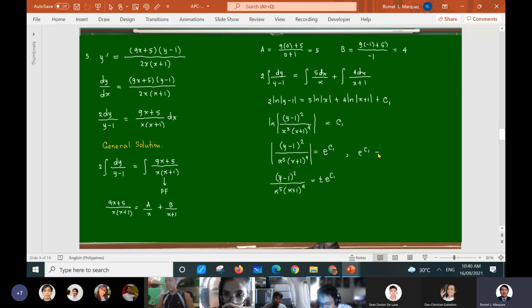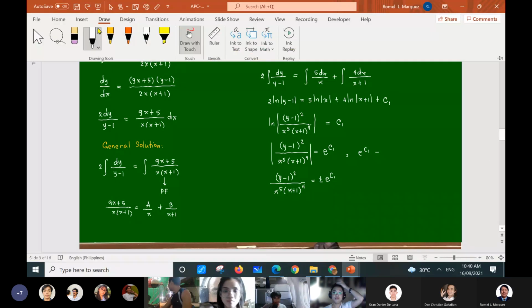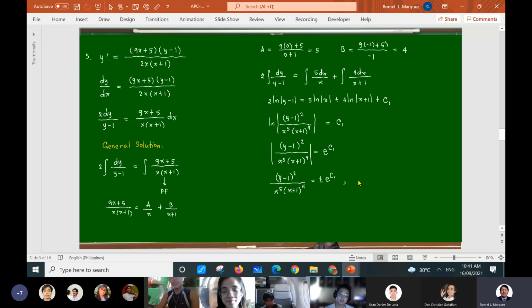But I can let plus or minus e to the C sub 1 be simply C. So we now get y minus 1 quantity squared is equal to C, this is just a constant, times x to the fifth, x plus 1 raised to 4. Okay, children?